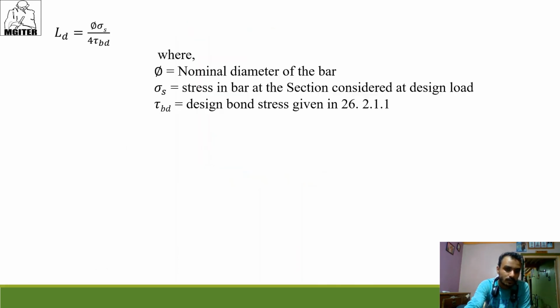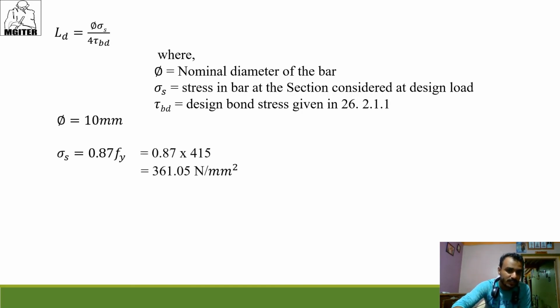Then next, there is a second method to find development length. This is the equation: Ld is equal to phi into sigma s divided by 4 tau bd. Phi is 10 mm. Sigma s stress is 0.87 Fy, 0.87 into 415, so the value is 361.05.